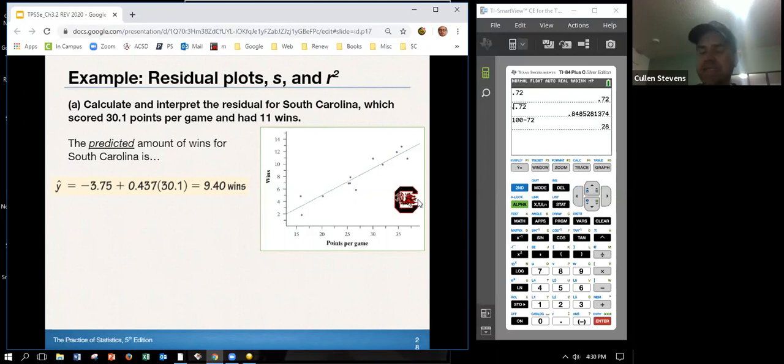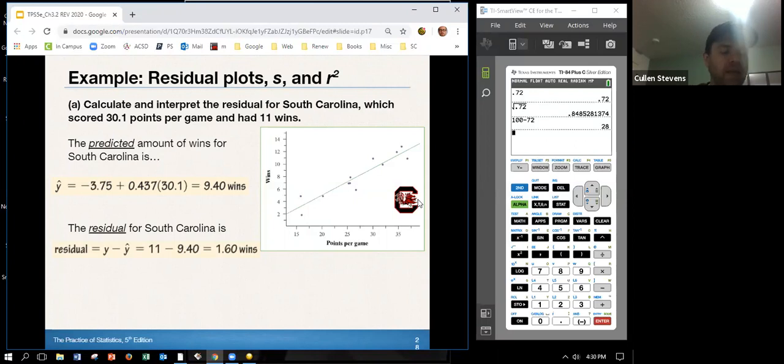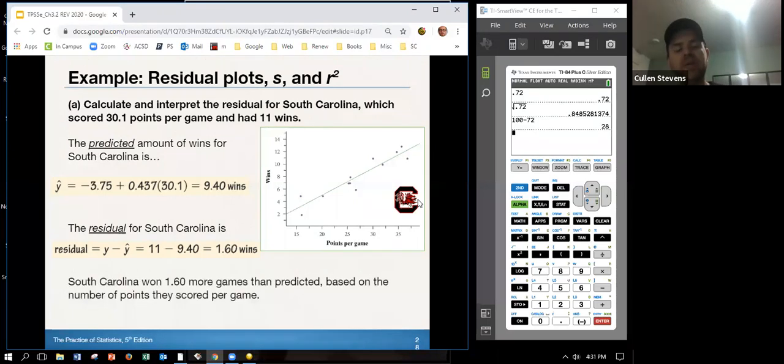So that is a predicted wins of 9.4 wins. Now, the residual is actual minus predicted. So we had actual wins of 11 minus predicted wins of 9.4. So that is 1.60 wins. So South Carolina won 1.6 more games than was predicted based on the number of points they scored per game.